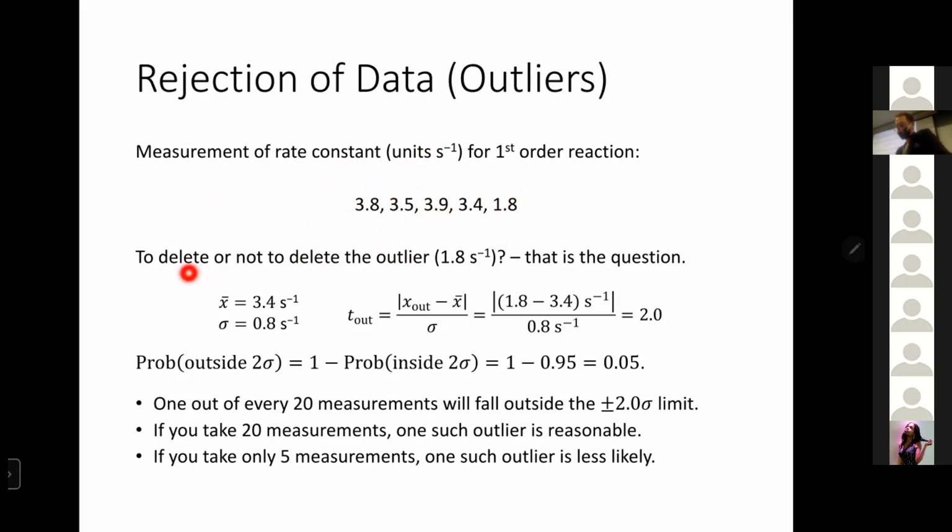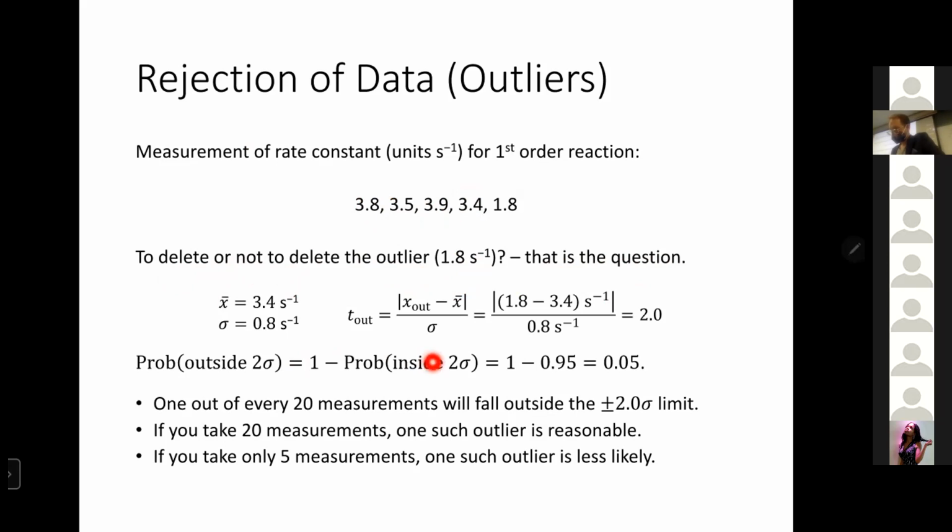And so you might ask yourself, should I include this or not include this when I analyze my results and calculate the average? So that's the question that we're going to be asking: is this outlier statistically outside the range where we would expect to be able to find it?